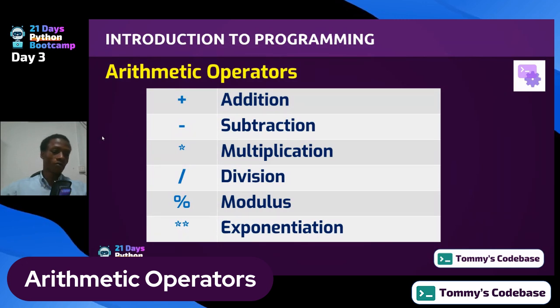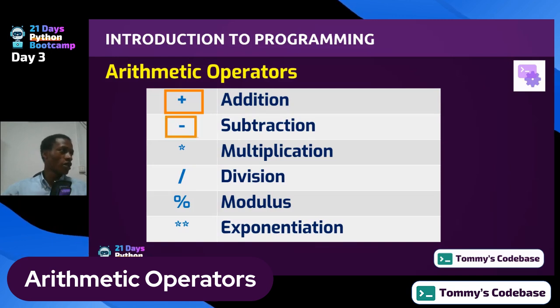In programming, we use the plus for addition, but in terms of what we call strings, we also use it for what we call concatenation. So this plus here can be used for addition, that is for numbers, and for concatenation, which is just a technical term, which means adding one or more strings together.